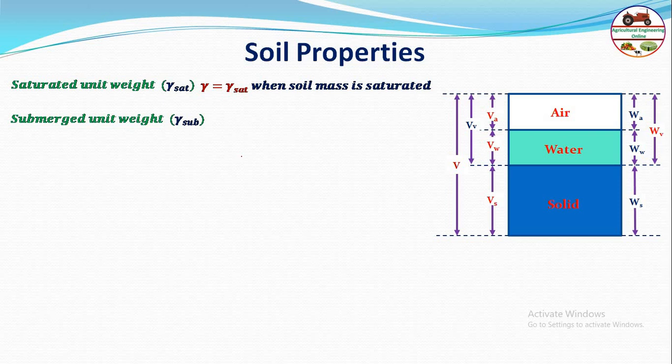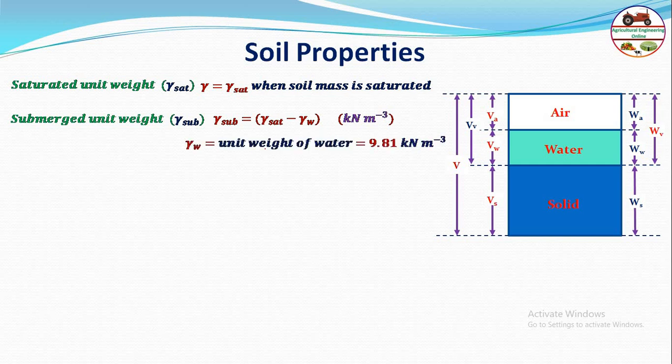Then there will be the submerged unit weight. Submerged unit weight is gamma saturated minus gamma W. Gamma W relates to the percentage of void having water and the percentage having air. If all the void is filled with water, then it will be gamma saturated, and submerged will be the difference between the saturated and the water unit weight.